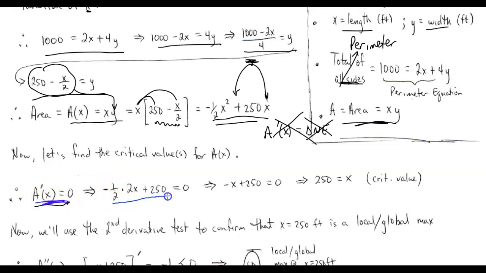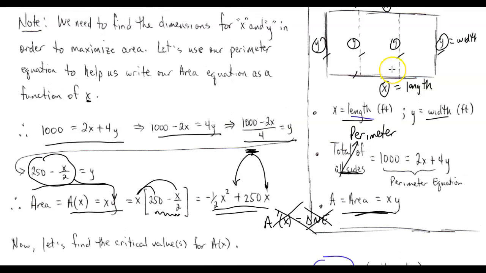Of course, we do that here. And afterwards, we see that we just get minus x plus 250 is equal to 0, which means x is 250. And so this would be our critical value. In terms of this problem, remember, x is equal to length.